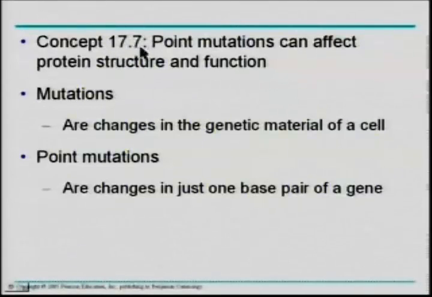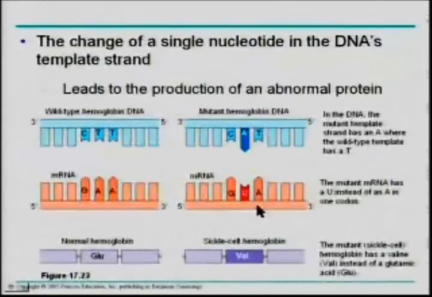Concept 17.7, point mutations can affect protein structure and function. So there are mutations that can occur. They are changes in the genetic material of a cell, such as point mutations. They are changes in just one base pair of a gene.